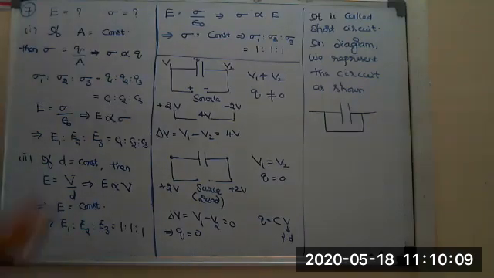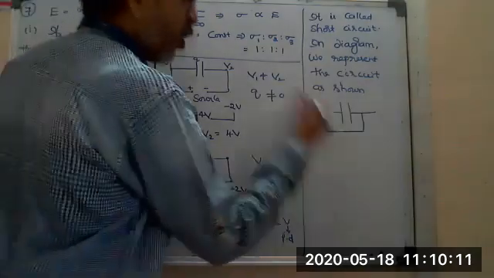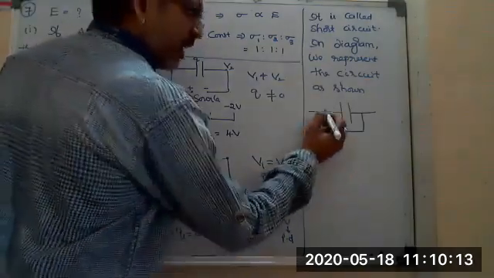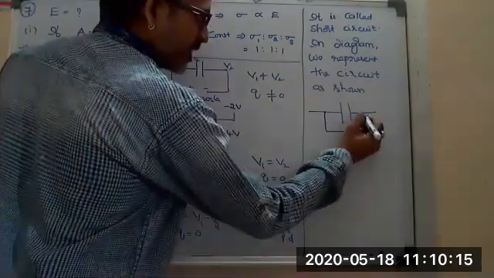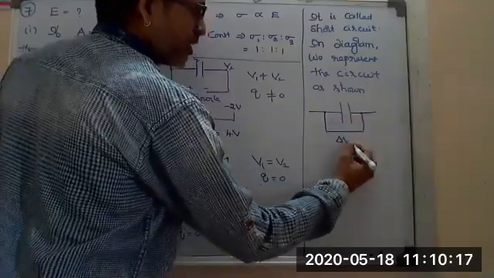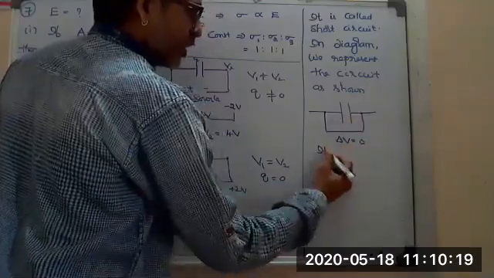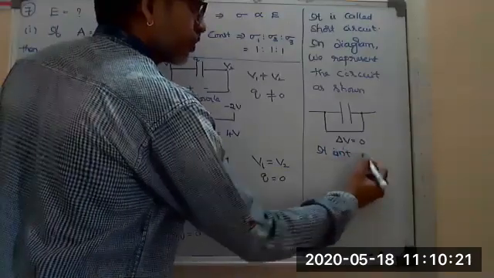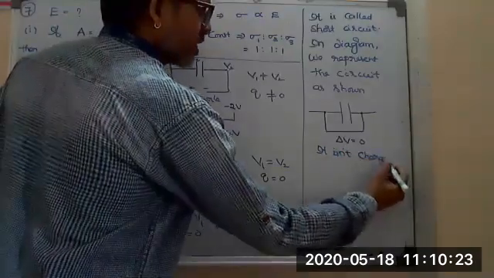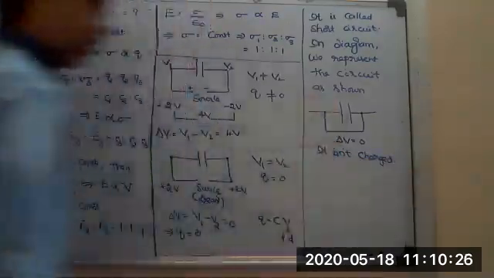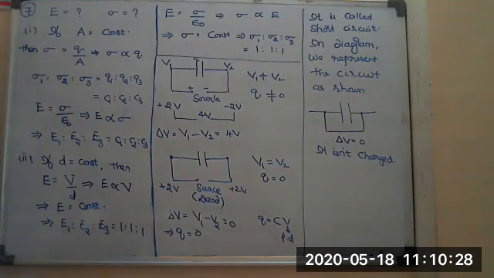Okay. In this case, what is the advantage or disadvantage, sir? In this case, you are maintaining zero potential difference, which means the capacitor is not charged. Not charged means like an empty glass.